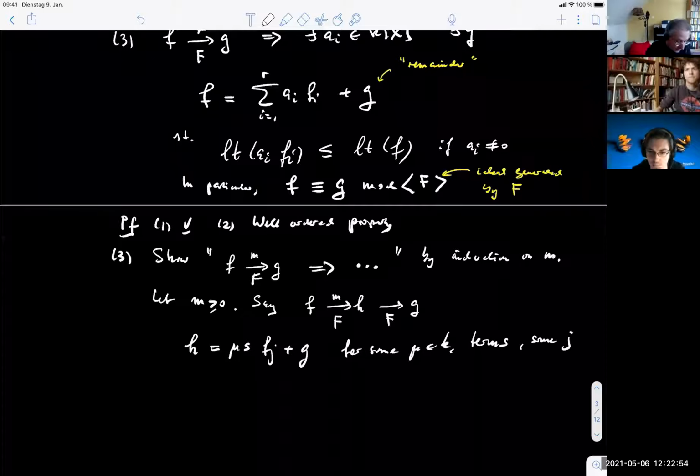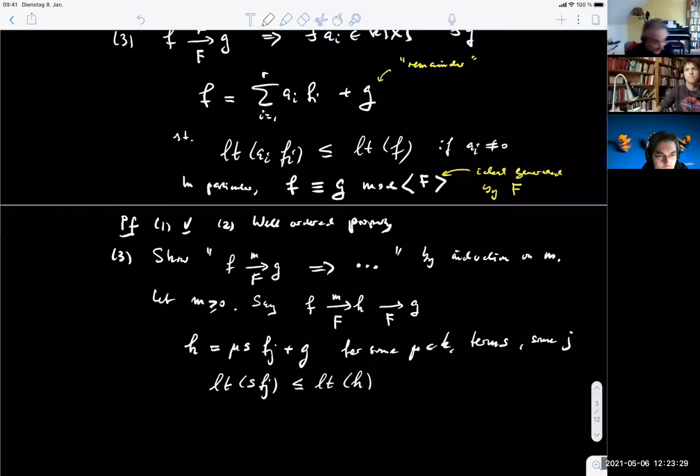The idea is that we subtracted from H a certain monomial multiple of Fj in order to kill a term. And then I get exactly this. I know, okay, the leading term of S Fj, I claim this is less than or equal to the leading term of H.